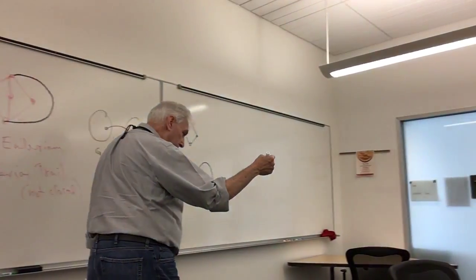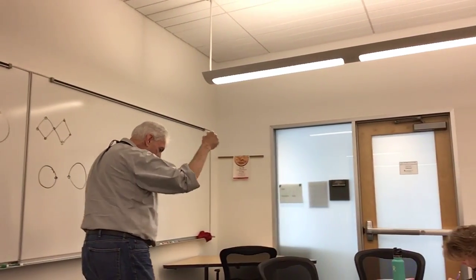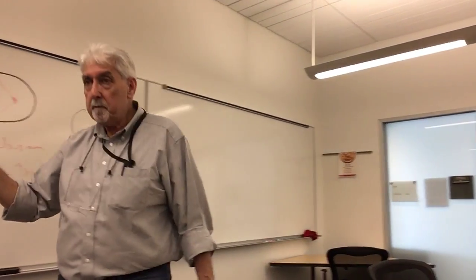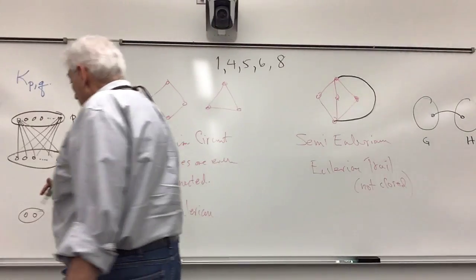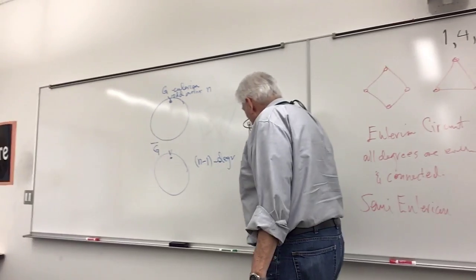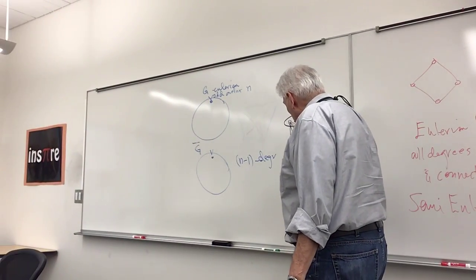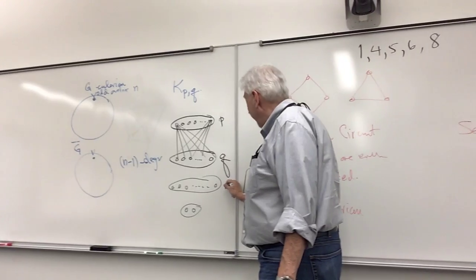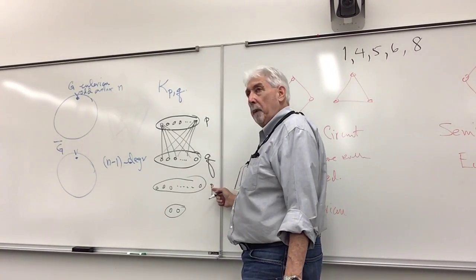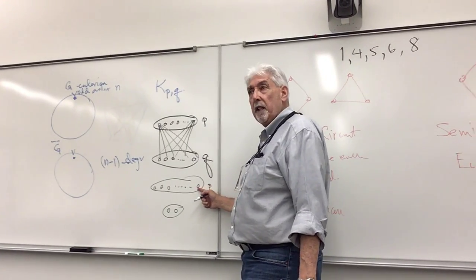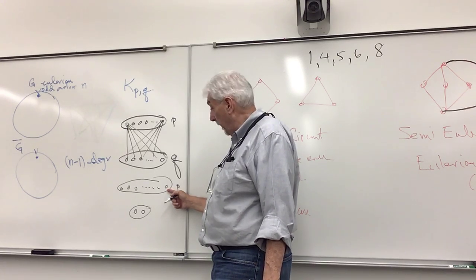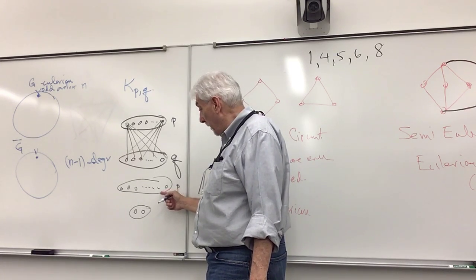Now it's semi-Eulerian, so that means there is no Eulerian cycle, no Eulerian circuit. By the way, if this is a complete bipartite graph, I don't care how big P is, what's the degree of each of these points? 2. And that's even. So they all have even degree.